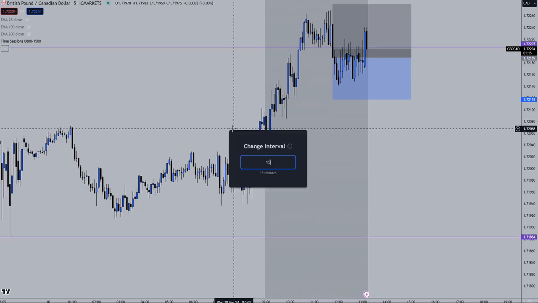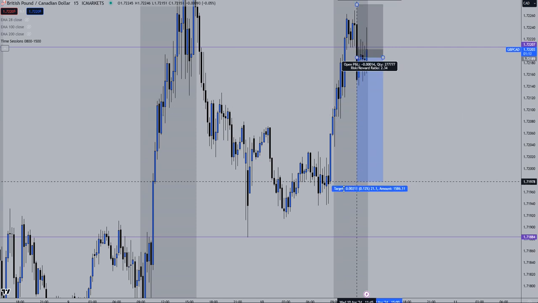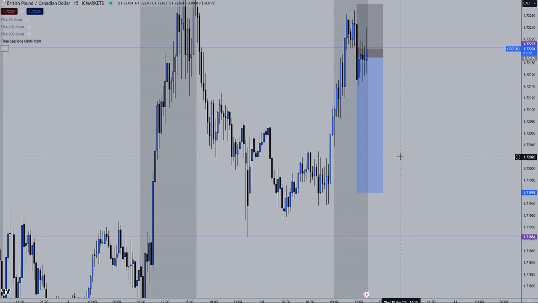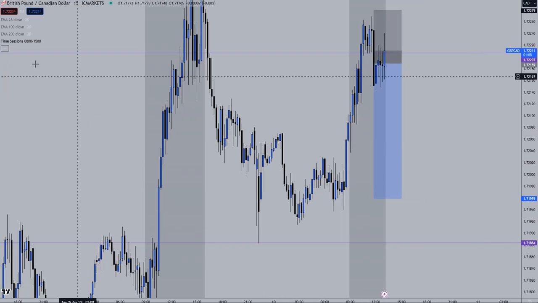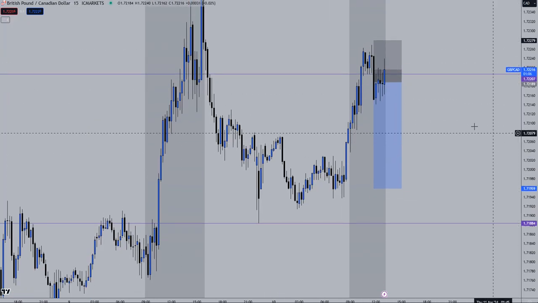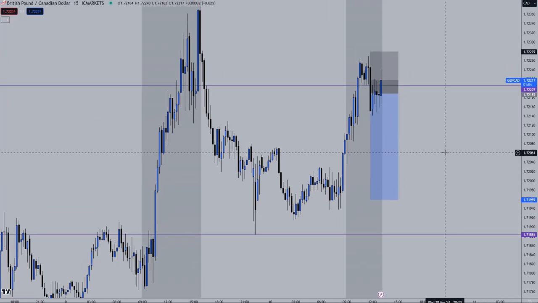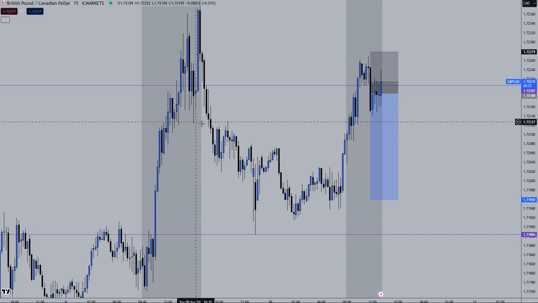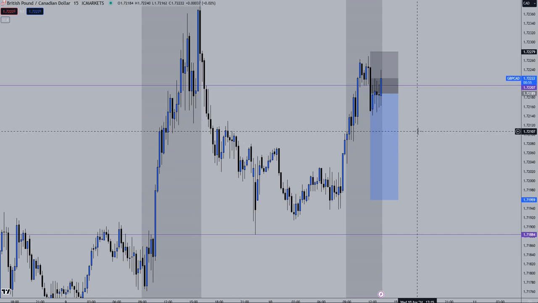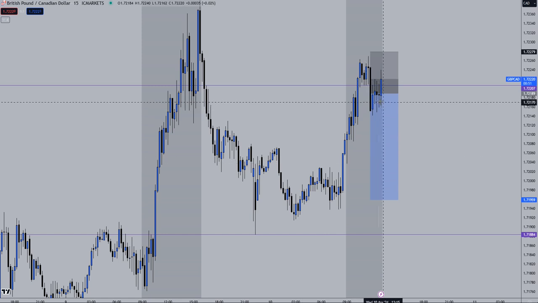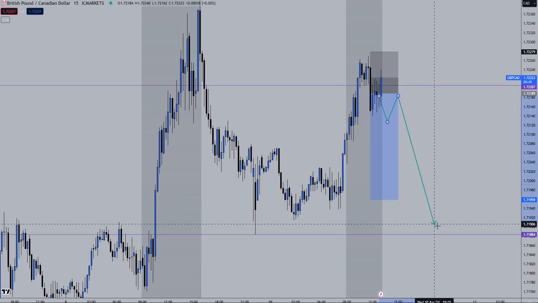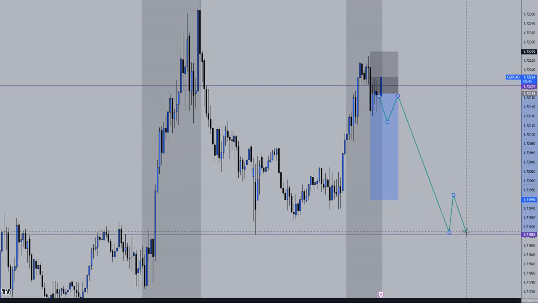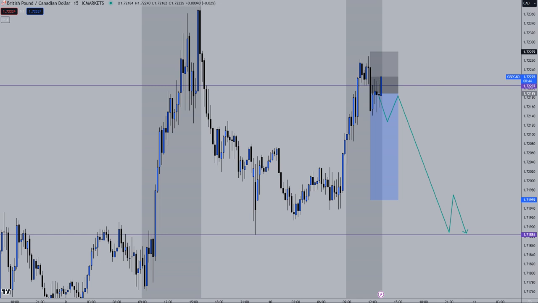I am targeting the 15 minute low here for a 2.5 risk to reward. So that is the thought process and the entry behind the trade. This video isn't on entries, but you can see my logic. I found a level that I want to sell from, and following that, I have decided what I want to do. So now I'm in this trade, we are just going to wait and hopefully see price trickle to the downside like so.